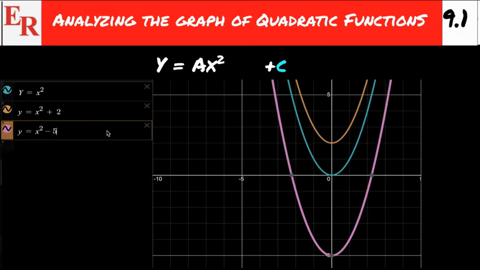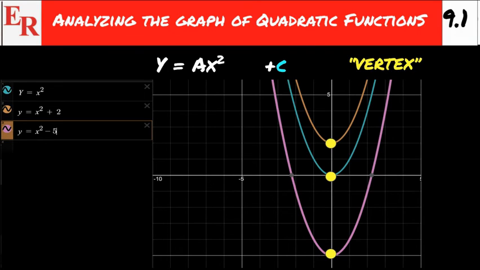For the graph in orange, all I did was add 2 to the parent function. And for the graph in purple, I subtracted 5. You'll notice that this turning point on the parent function, that yellow dot, moves up 2 for the orange graph where I added 2, and down 5 for the purple graph where I subtracted 5.